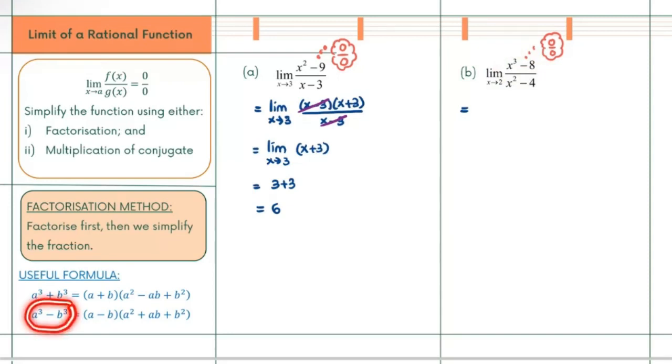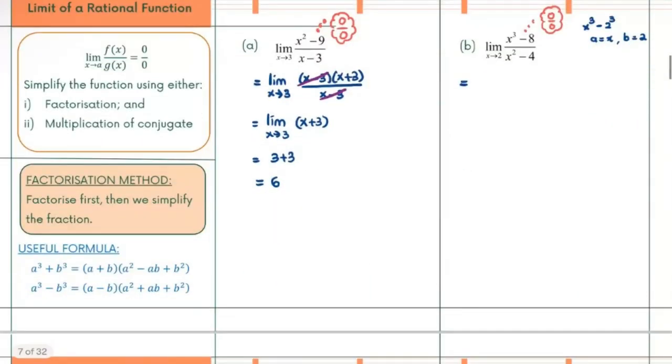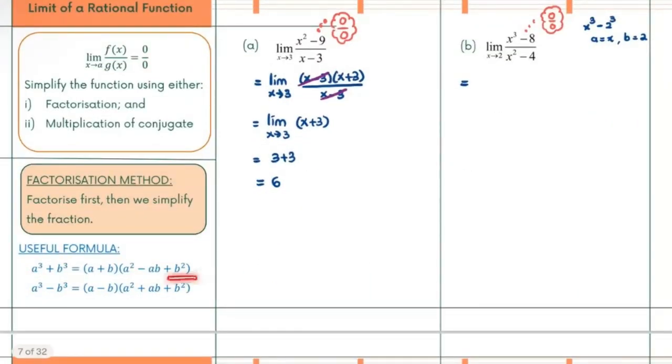Nampak ke kaitan dia? Sebabnya dia adalah ini. X cube minus 2 cube. Okay, so A kamu adalah X dan B kamu adalah 2. Okay, so kamu akan gunakan formula yang mana? Yang saya ni, useful formula yang kedua ini. So A minus B darab dengan A squared plus AB plus B squared. Okay.